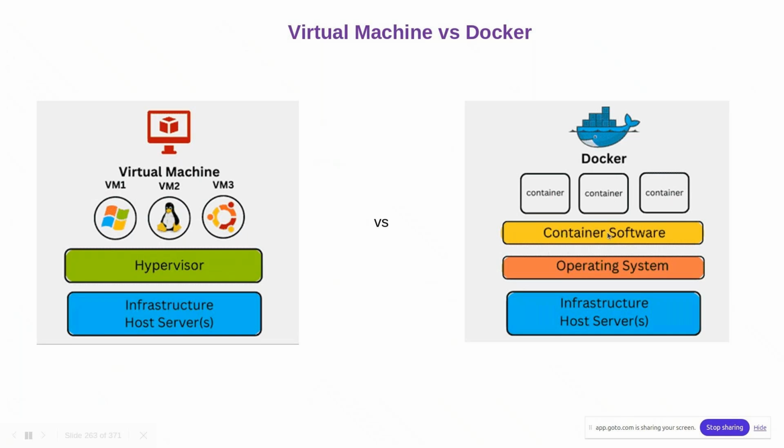On top of the container software or Docker software, we are going to run the container. So a container is nothing but like a VM, but it is a lightweight VM. We are wrapping everything, with the lightweight OS, with our application, so that this container can consume only a limited amount of resources.